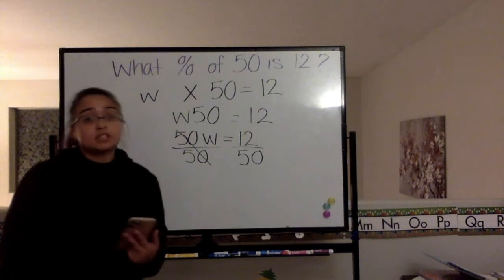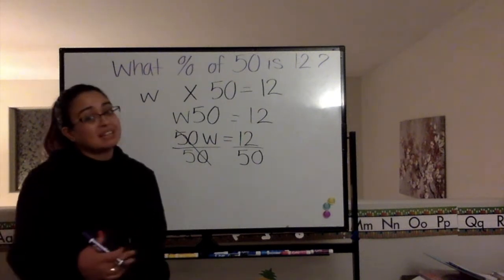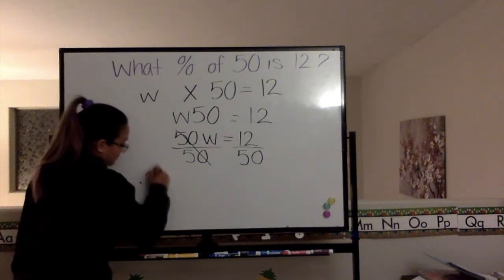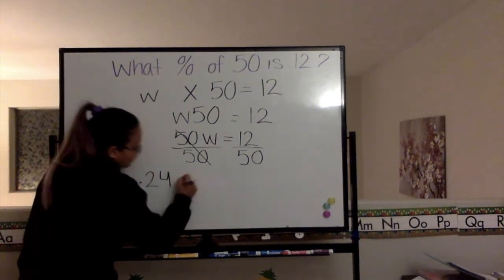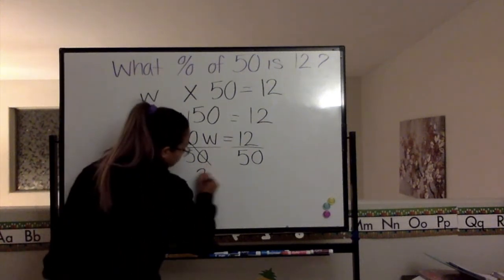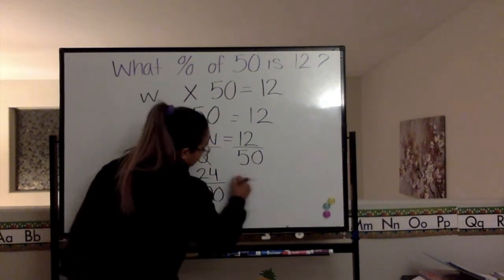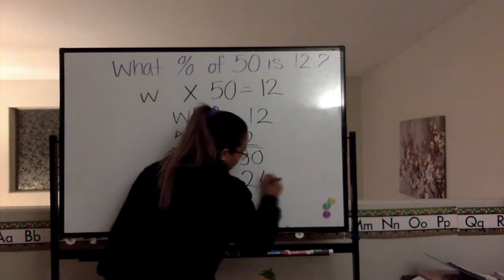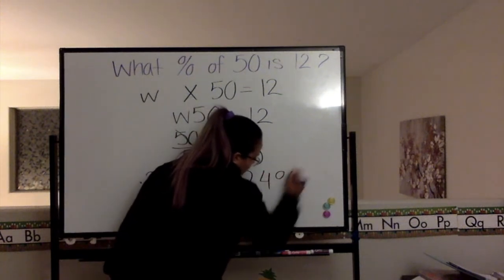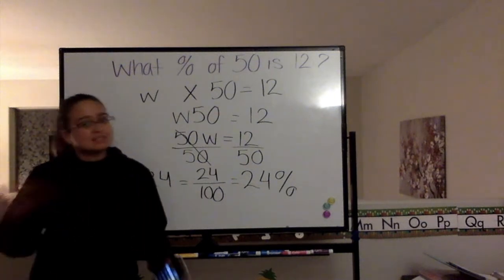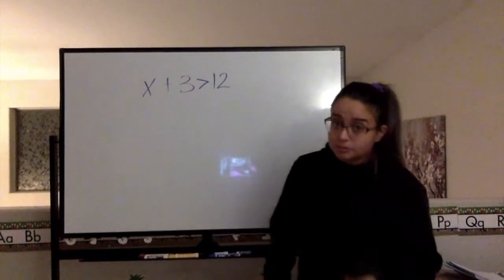That gives us 0.24, meaning that is 24%, which can also equal 24 over 100, which also equals 24%. Does that refresh any thoughts?